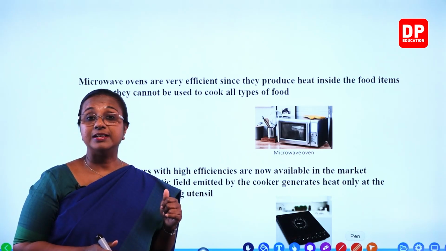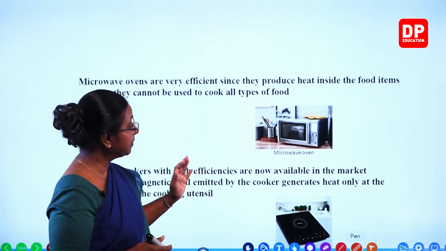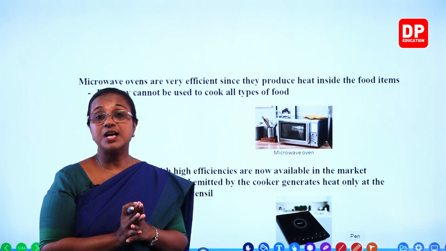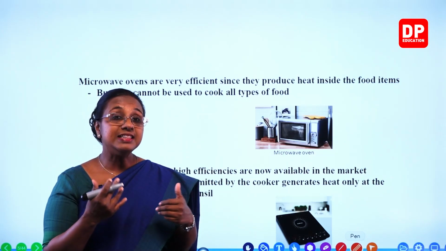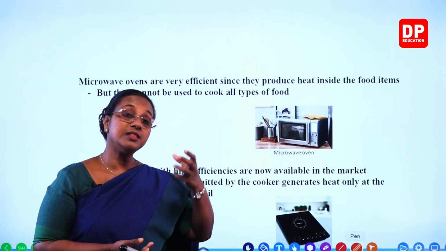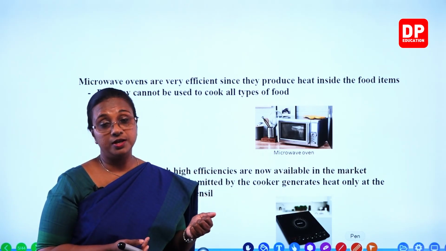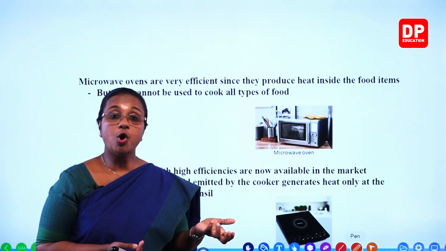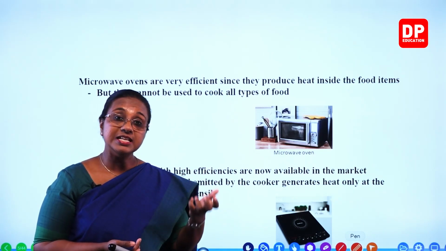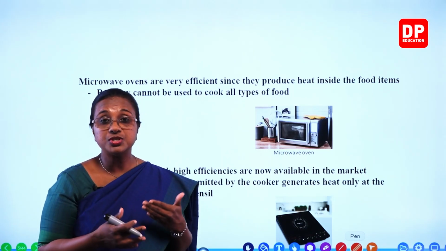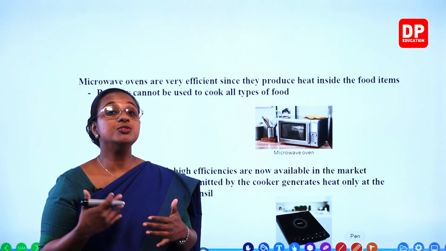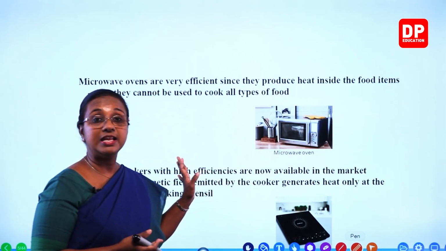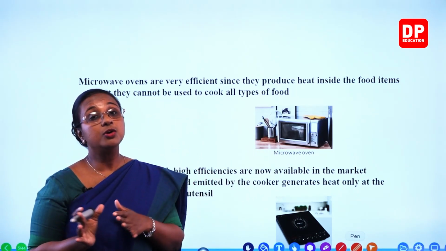They are electromagnetic waves. So what happens is inside the microwave oven, the microwaves are generated and they cook using the components of the food, normally the lipids or fats and water. Water molecules in food are used to generate heat. So that way microwaves are a very efficient form of cooking.